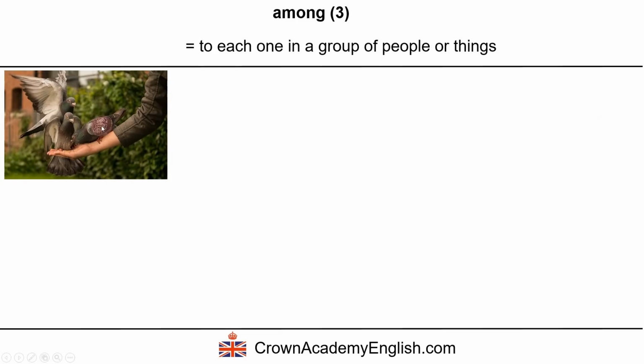There are 3 birds, 3 pigeons, and they are all eating this seed. So we can say, I shared the food among all of the birds. So to each one of the birds. I shared the food with all of the birds. We say among, and all of the birds is the noun phrase.